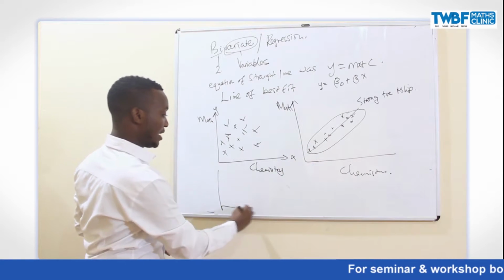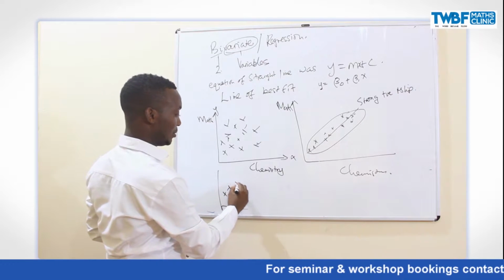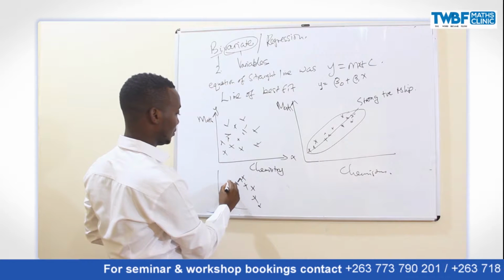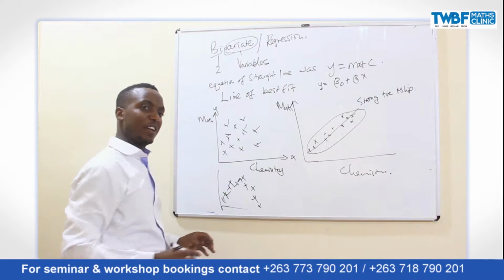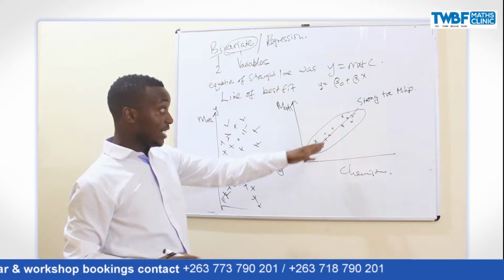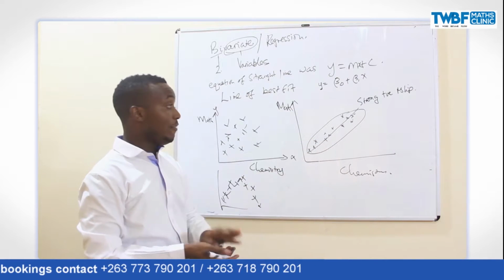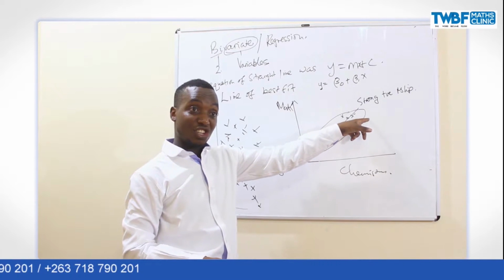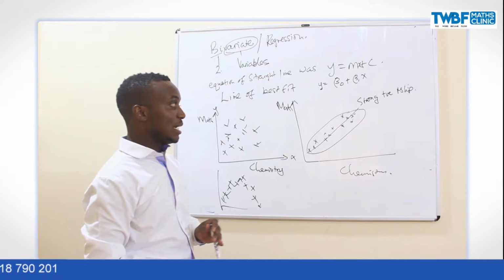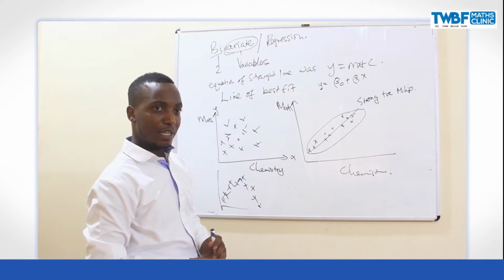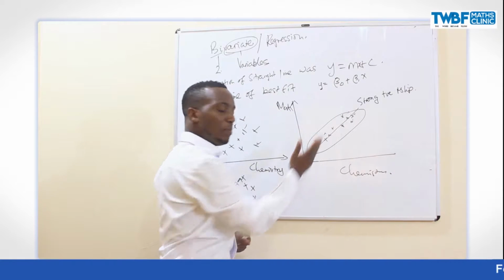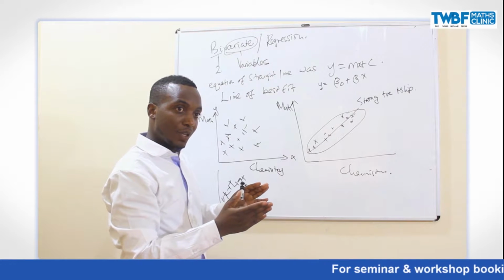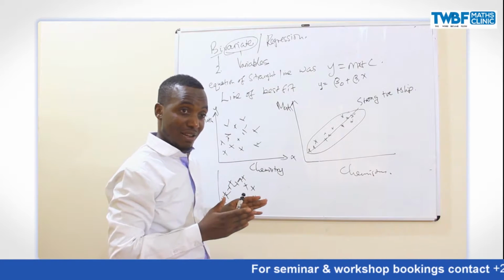Also, we can have quadratic relationships, the ones that go like this. Of course, not perfectly quadratic. This relationship is not perfect. If it's perfect, all the points should fall on the straight line. But because there is a certain trend, we try to establish a line that best shares the points and minimizes the error.